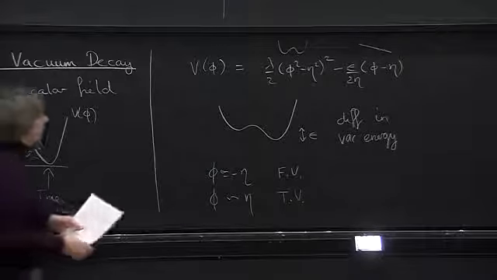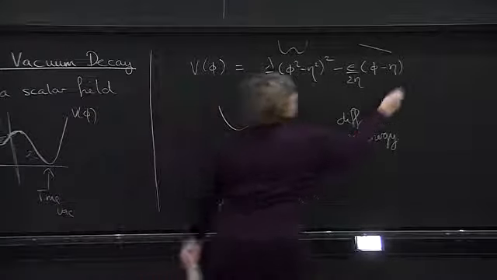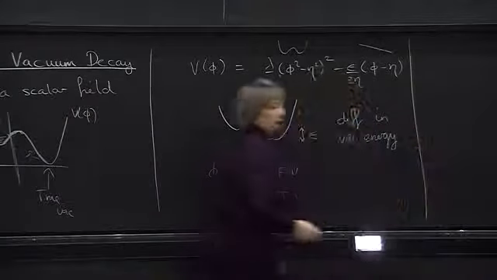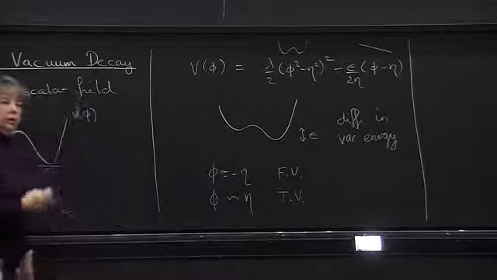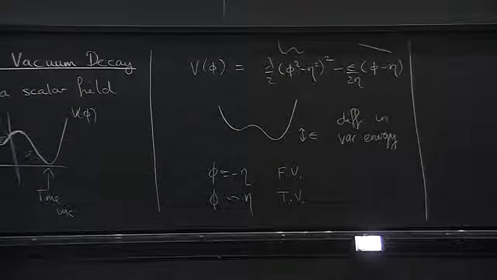So this false vacuum here is unstable, and the idea is that in order to get the dominant behavior of this probability for decay, you solve the Euclidean field equations and then compute the action. So that's kind of the idea.